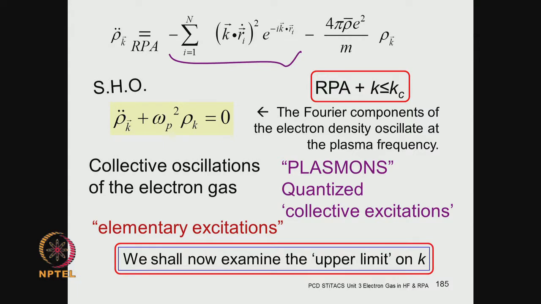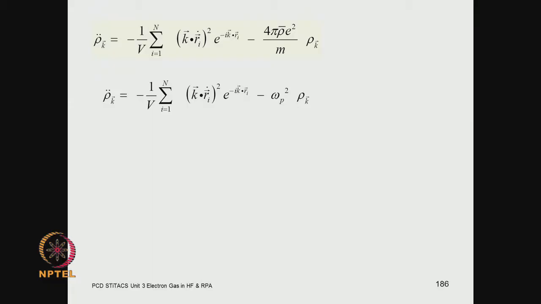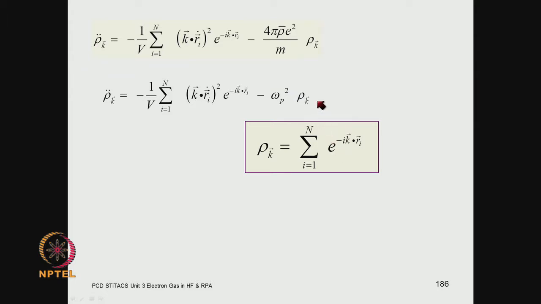Now, let us inquire what this upper limit should be. We have agreed that there has to be a certain upper limit on k so that this approximation can be developed. So, we write this expression here. This proportionality is written now in terms of the plasma frequency, the frequency of plasma oscillations. Rho k we know is given by this expression, so you can plug it over here and then extract this e to the minus i k dot ri common in both the terms.